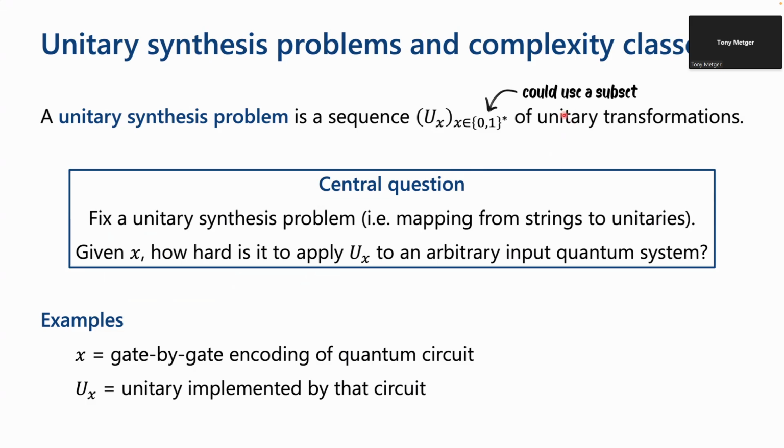I'm just wondering, let's say the subset was a single element. In the usual uniform complexity sense, it doesn't really make sense, because it's a single instance problem then. Oh no, you always talk about the sequence U_x, right? When I say subset, you have to use an infinite subset.